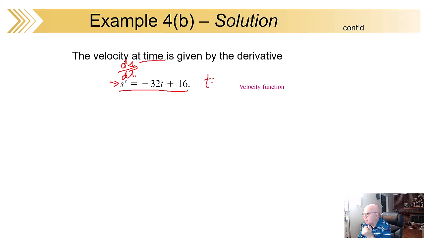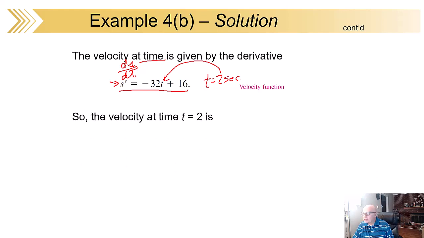We just found out. 2 seconds after he took off. So all we have to do is take that 2, put it in for t. So t equals 2. There we go. Substitute. And that's how fast he's going when he hits the water.